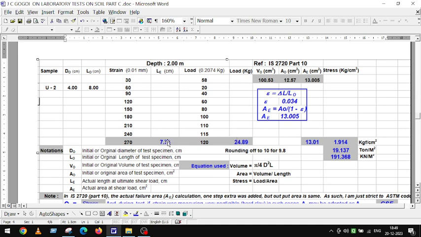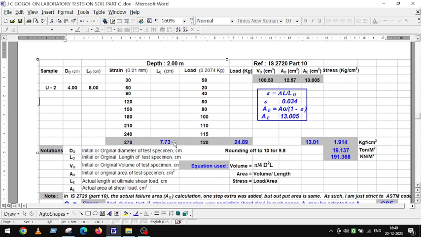What is our modified length? 270 into 0.01 gives 2.7, that is 0.27 cm. We directly deduct this deflection from the original length, in the same unit. So it comes to 7.73.